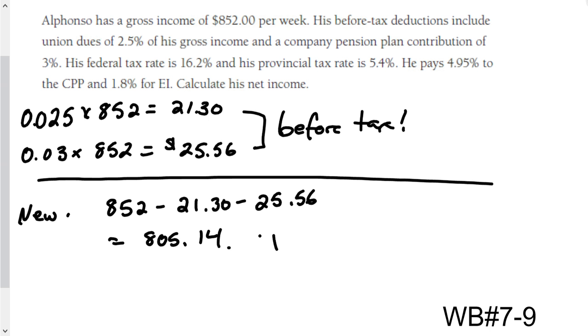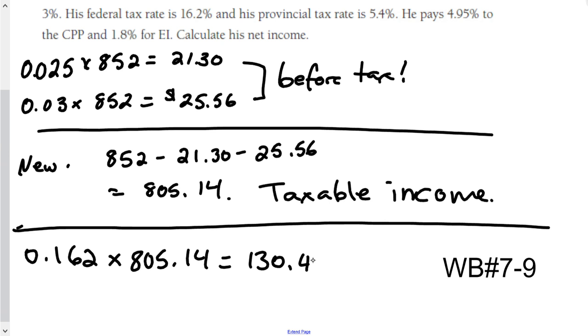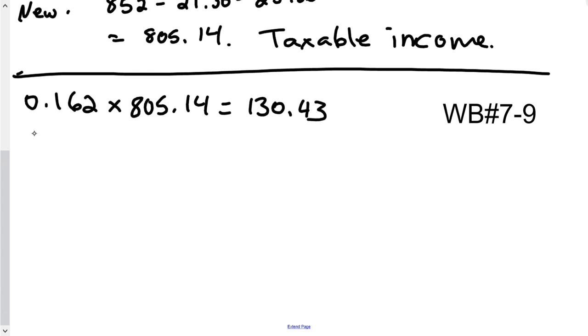Now this is taxable income. Okay, so then let's draw a new branch there. So we're going to calculate that by 0.162 times 805.14 is equal to 130.43.